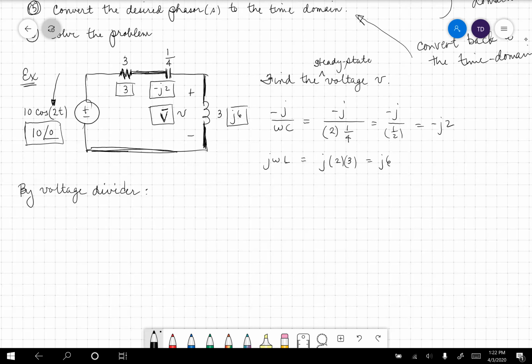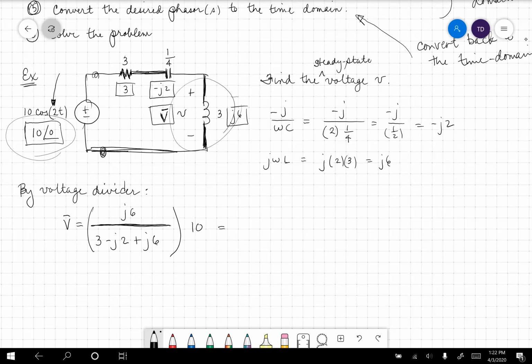So I want the voltage across this impedance here. So it's the impedance of where I'm looking for the voltage. So V phasor equals J6 divided by the sum of all of the series impedances, 3 minus J2 plus J6, all times the voltage across the entire impedance, times 10 at an angle of 0, which is nothing more than 10.